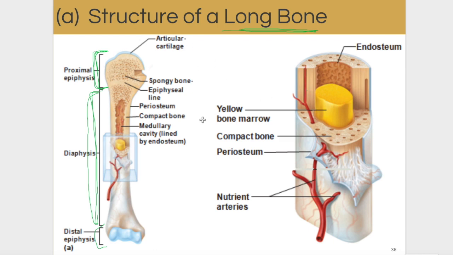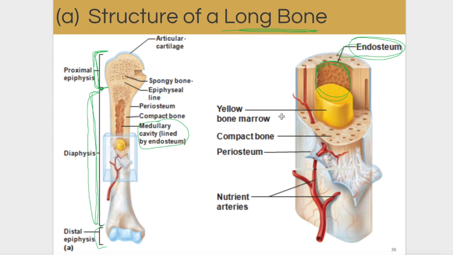If we look a little closer within the diaphysis, we have this hollowed out area known as a medullary cavity. These are the major components. Lining our bone, we have a membrane called an endosteum, which will line the inside part of our bone.